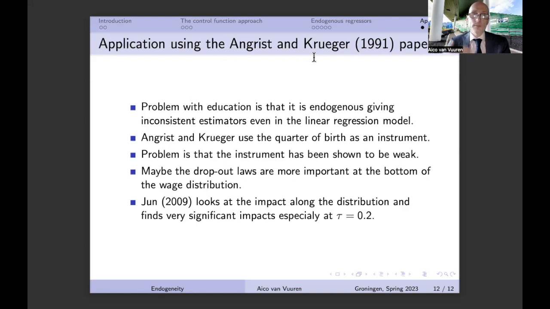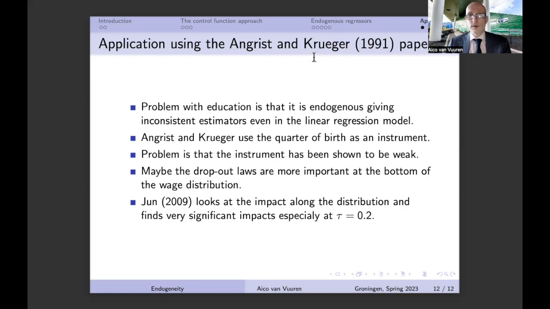Well, that of course may have an impact on the level of education, because if you're allowed to drop out of high school earlier, then your education level may be lower, because these are teenagers. They may just decide to drop out of high school at the moment that they're allowed to do so. So that implies that we may expect that people that are born at the end of the year have lower levels of education than individuals that are born at the beginning of the year.